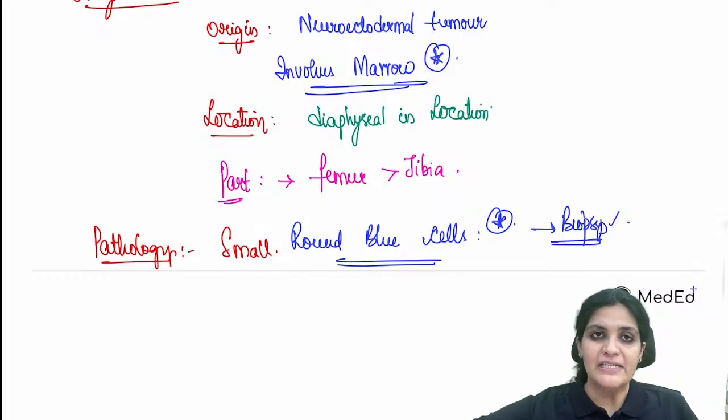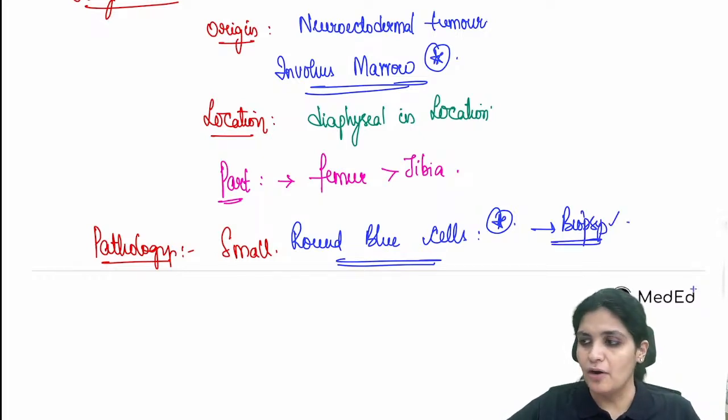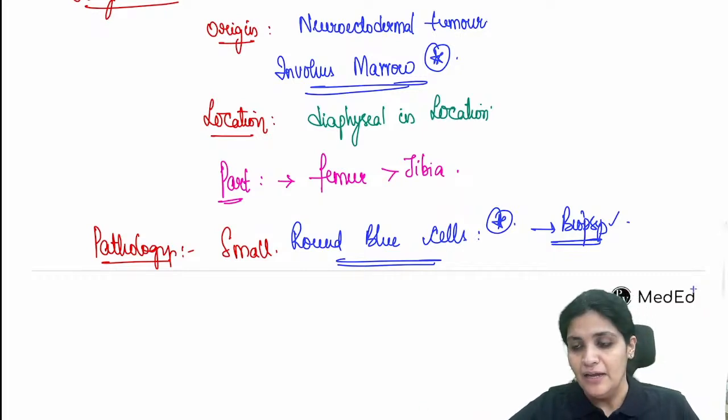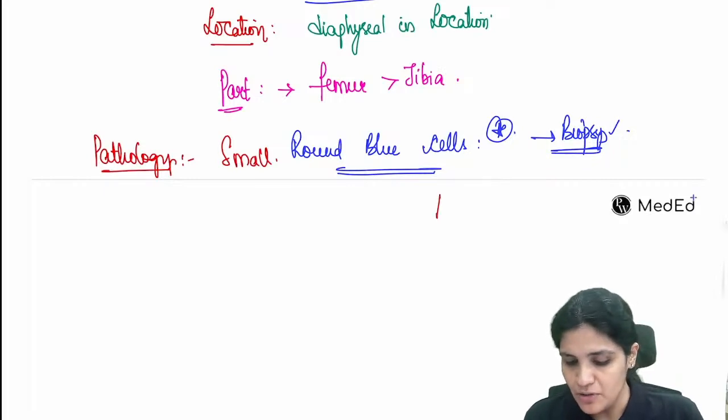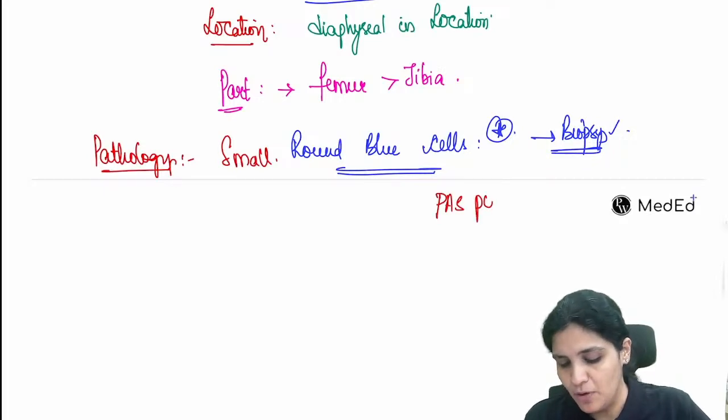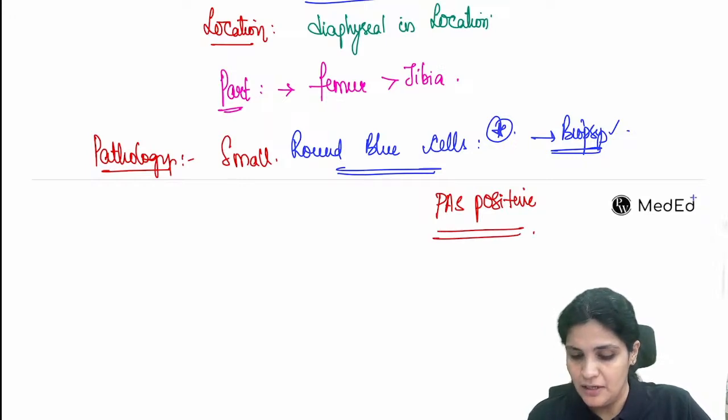That is about the Ewing's sarcoma pathology. So small round blue cells, and there is certain immunochemistry, like it is PAS positive. That is all you have to remember for biopsy. So it is PAS positive, and there are certain translocations.